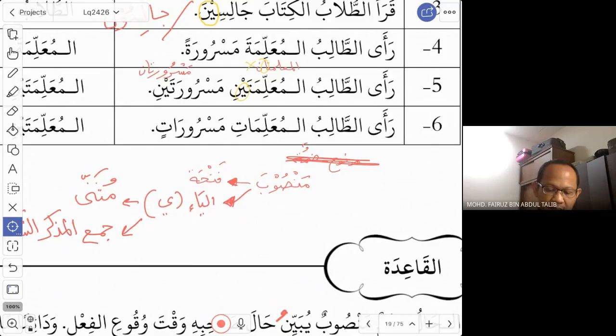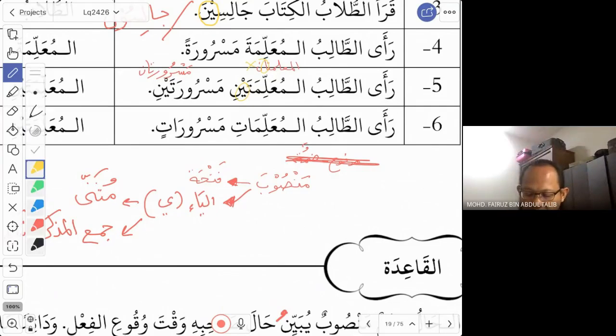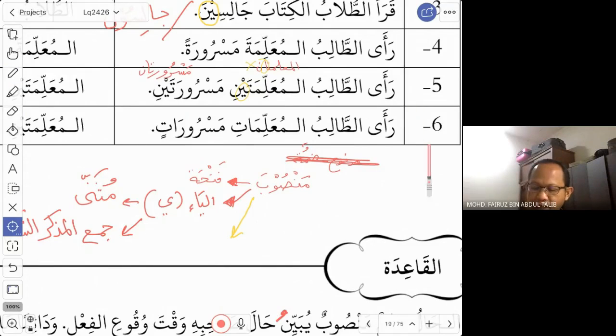Okay, now we go to another alamat, which is for example number 6. Look at number 6. Ra'a at-talibu al-muallimati masruratin. Okay, first before we look at masrurat, look at this muallimat.